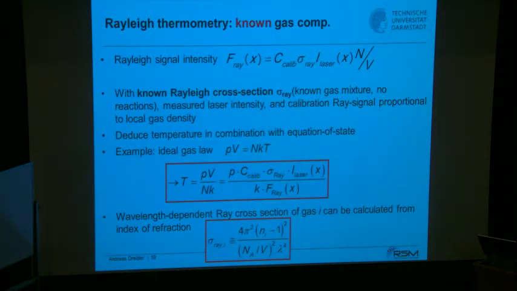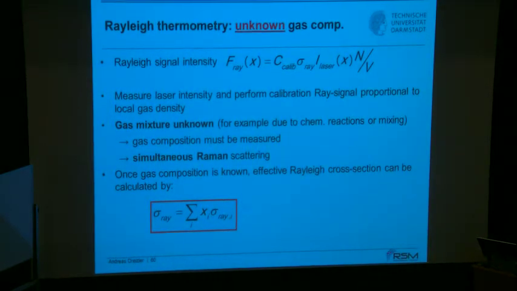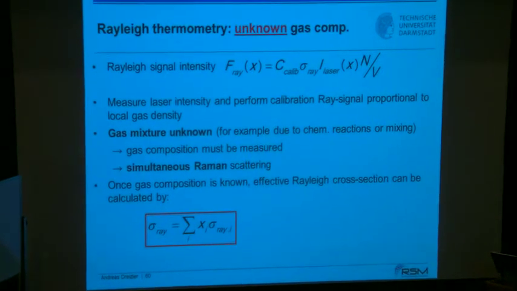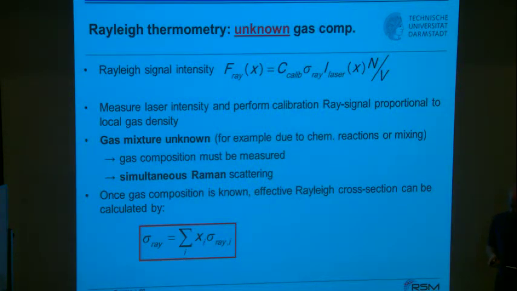Very often it's not like that, because in many cases the gas composition is not known. And then, although the same relation holds, the problem is this Rayleigh cross-section. This Rayleigh cross-section for an unknown mixture must be taken from somewhere. And so you need an initial technique that allows you at least to estimate in a reasonable way the gas composition.